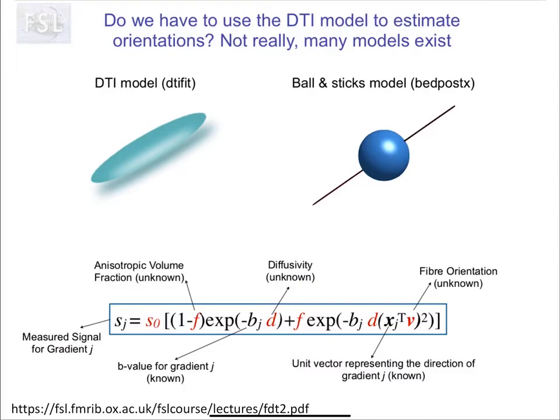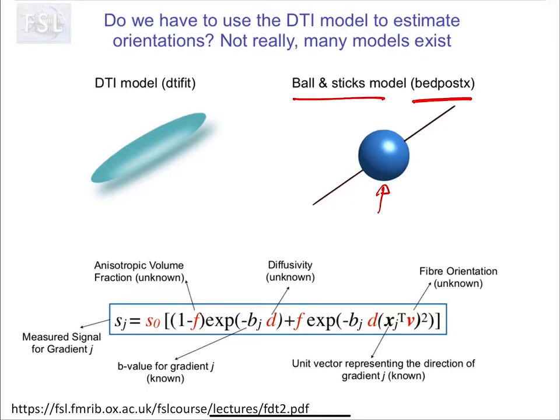So if you use what's called bedpostX, and I have no idea what that stands for, they have the weirdest acronyms, and this is one of them. Their model is this, that every voxel has an isotropic part, which is a sphere, and then it's got at least one, or it can have 1, 2, or 3 sticks in it. Okay? And so this is called the ball and sticks model.